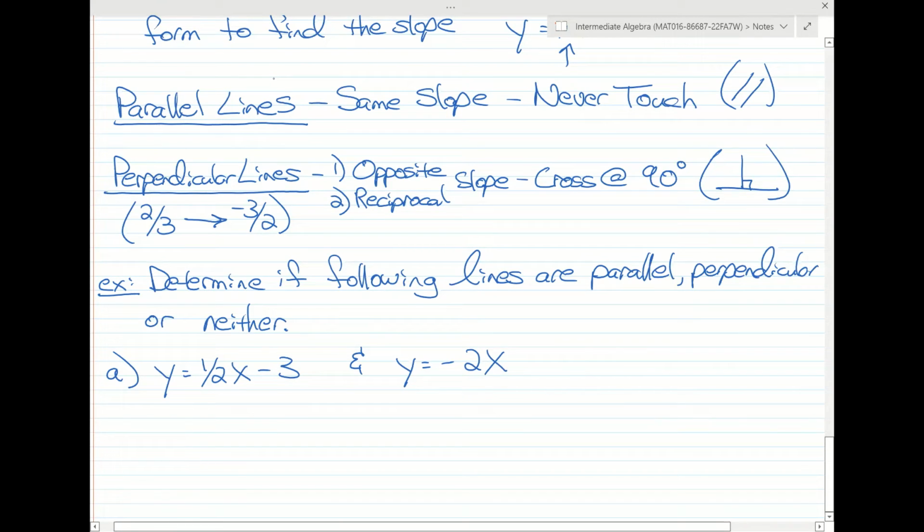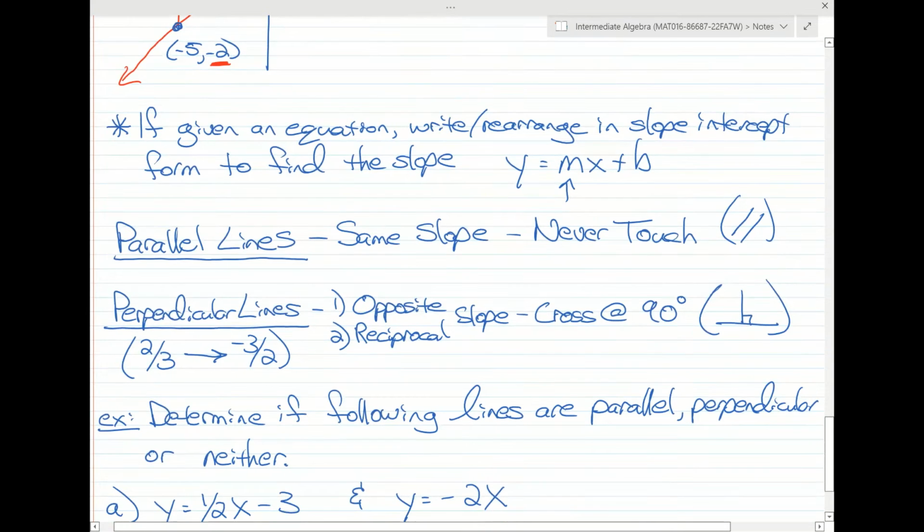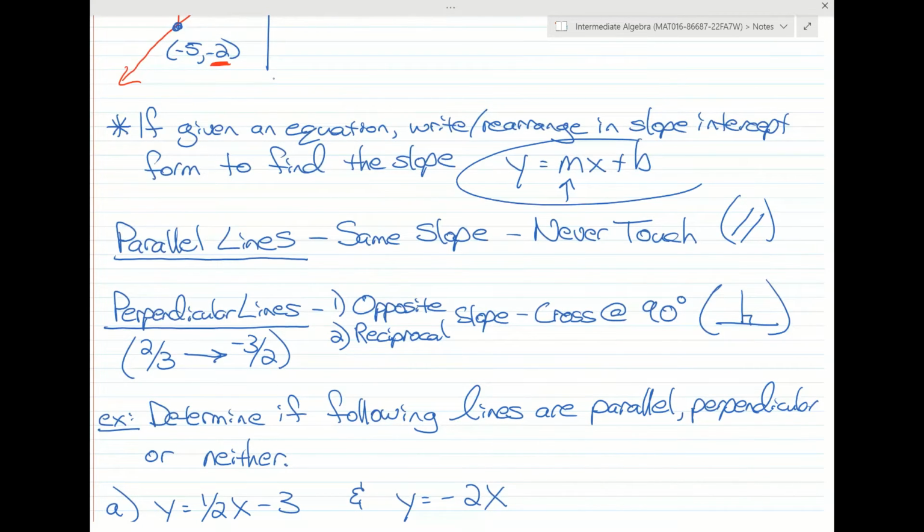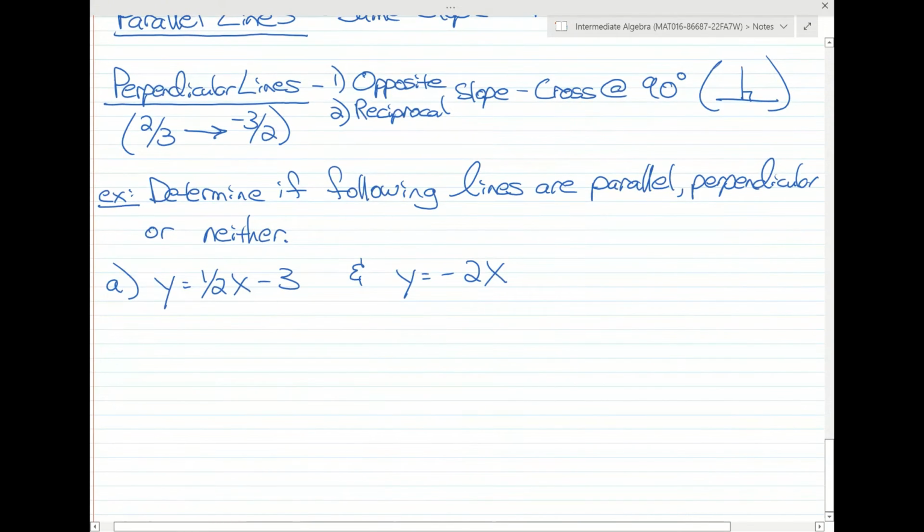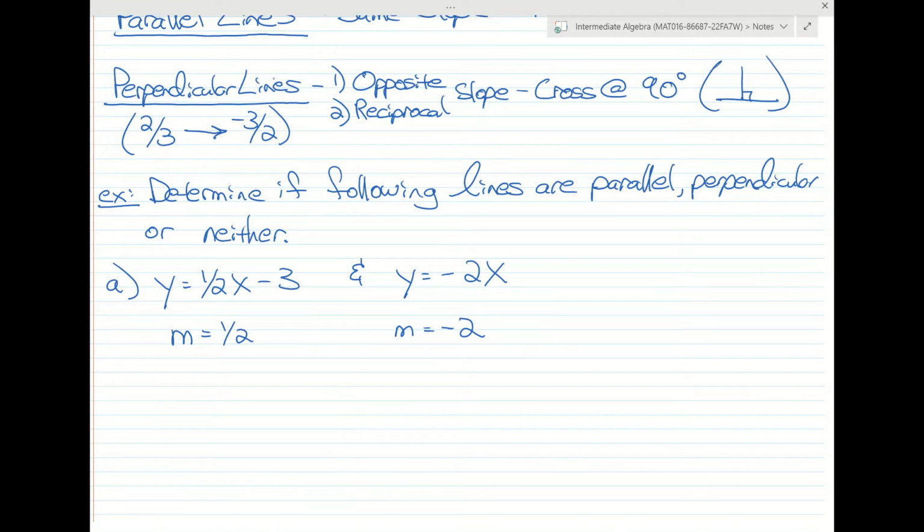So this would be an example like before, where we want to get it in slope-intercept form. That's the easiest way to do a problem like this. So we want to try to get the y by itself. This would be the slope of this line. -2 will be the slope of that line.